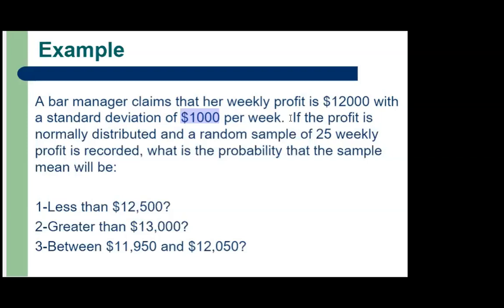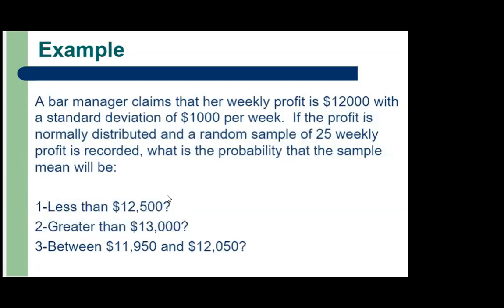Does that make sense? So if the profit is normally distributed and a random sample, now we are taking a sample mean, right? That was for the whole population, but now we have a sample mean of 25 weeks of profit. So what's the probability that the sample mean will be, for example, less than 12,500? Let's take one of these and the rest you can practice at home.